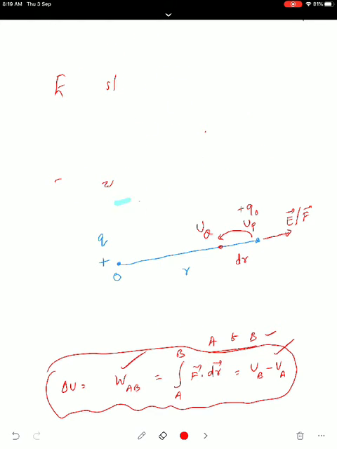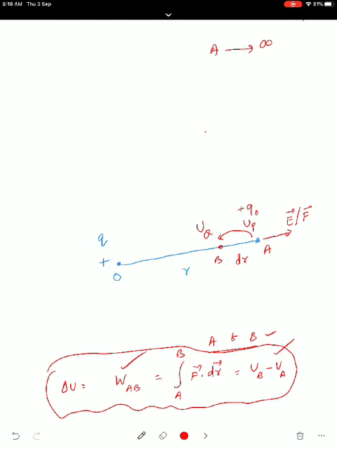So if A is taken to infinity, so the points here marked A and B, suppose A is taken to infinity. A is at infinity. At infinity, there is no interaction. The plus Q charge at the point O cannot exert any force at infinite distance.